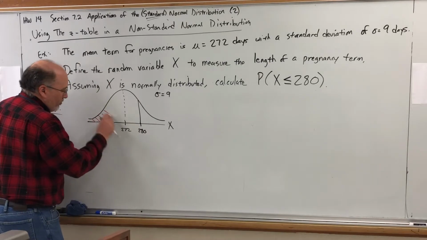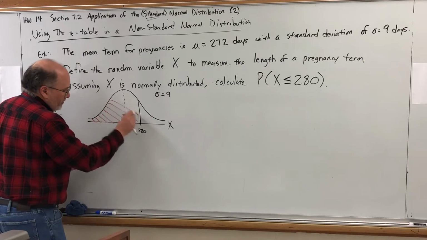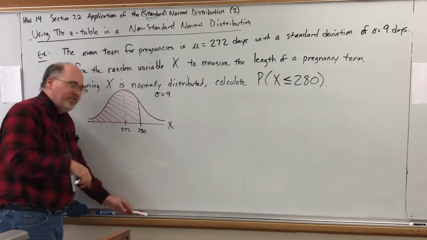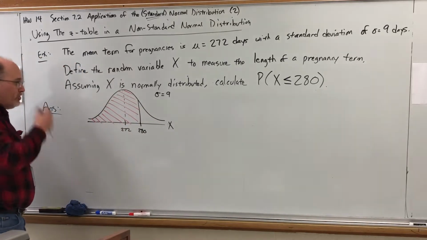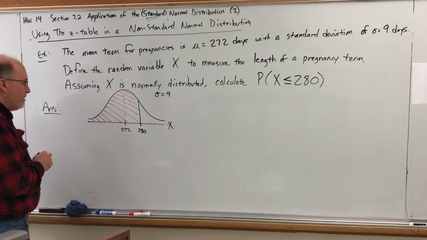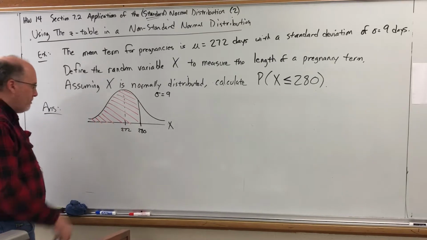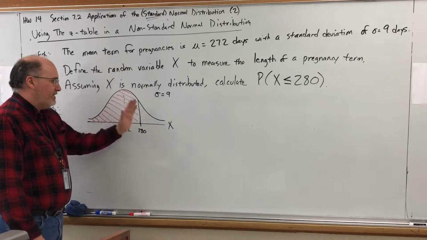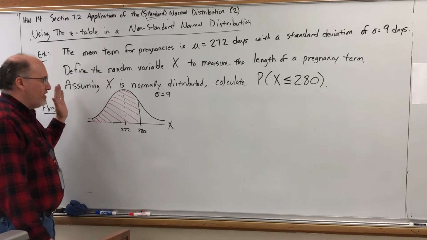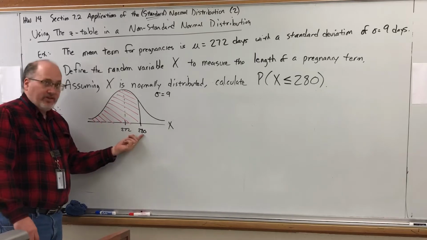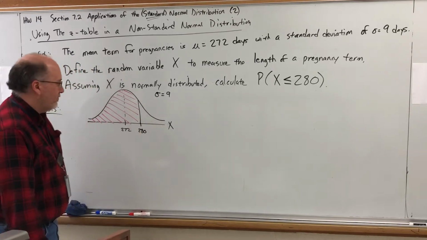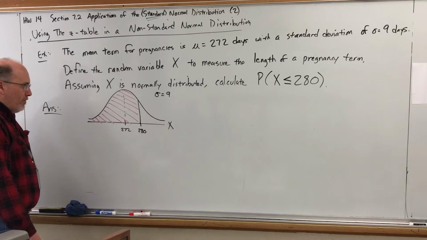Remember, in a normal distribution, in a probability density curve, the total area is 1, and the area to the left of the value as a percent is the percent of the values that are less than, in this case, 280. On the right, it would be the percent that are greater than 280. Every probability has multiple interpretations.